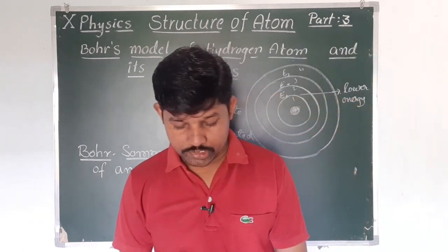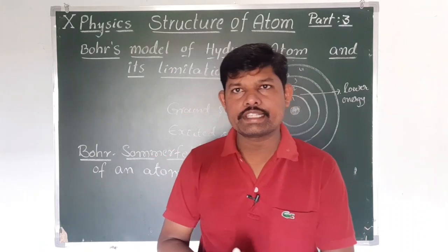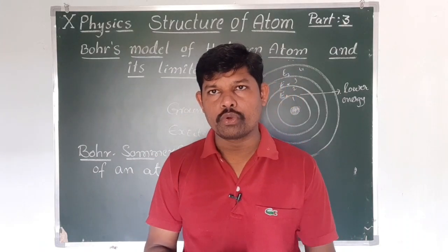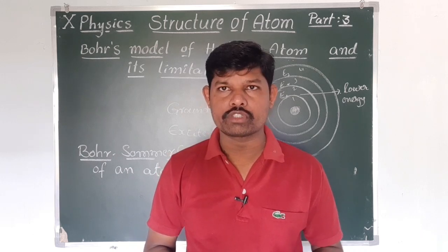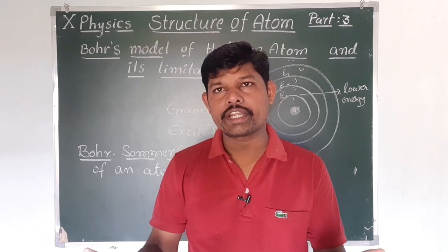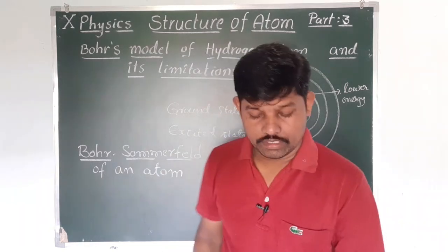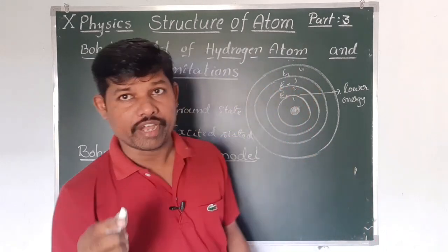If you observe the textbook figure 4, what are these elliptical orbits? Splitting of spectral lines. Already, if you observe the hydrogen spectrum, there are spectral lines. These spectral lines again split into fine spectra. Splitting of line spectra is known as fine spectra.